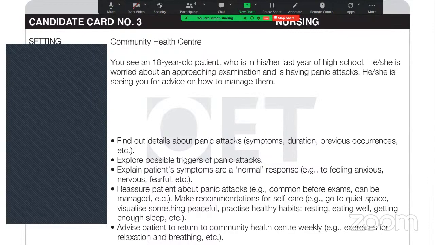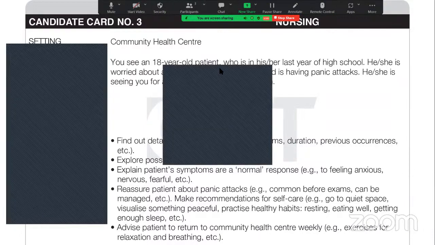Then A3 is introduction of the purpose of the visit. Purpose of visit. So these three things you have to introduce.